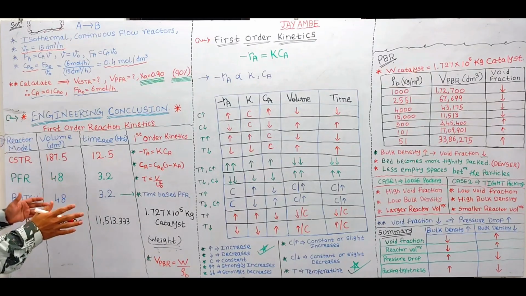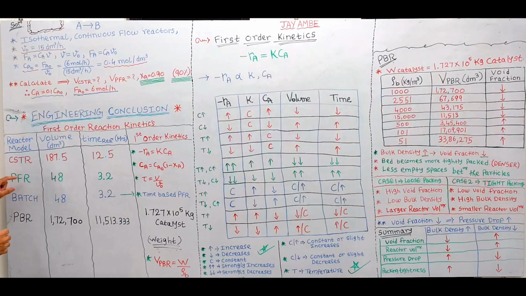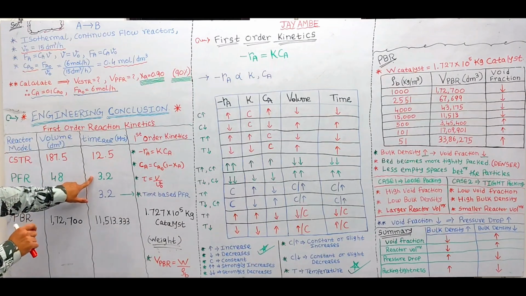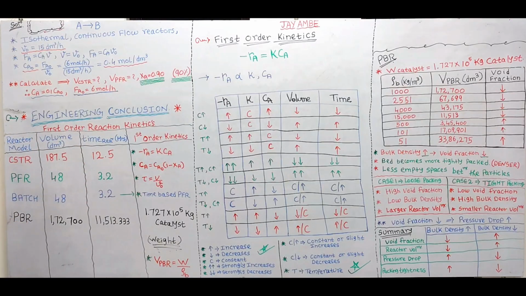Then we require 48 cubic decimeter volume of the plug flow reactor and 3.2 hours of reaction time, which means in the first comparison, comparing CSTR with PFR, we clearly observe that we require lesser volume and lesser reaction time in order to achieve the desired conversion of 90%.